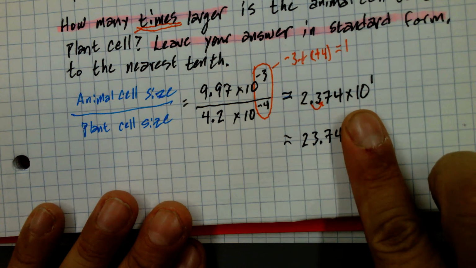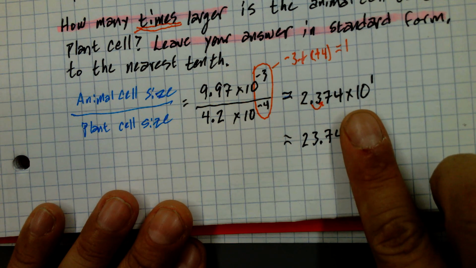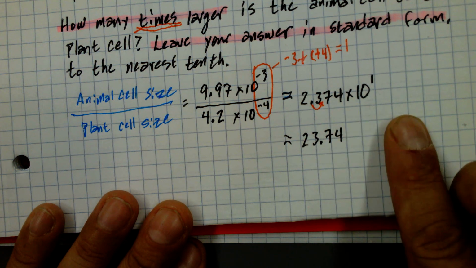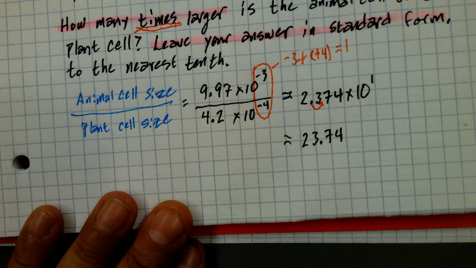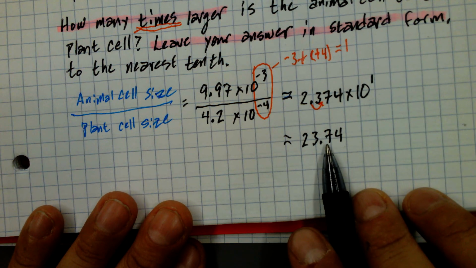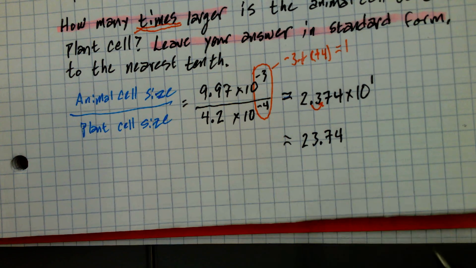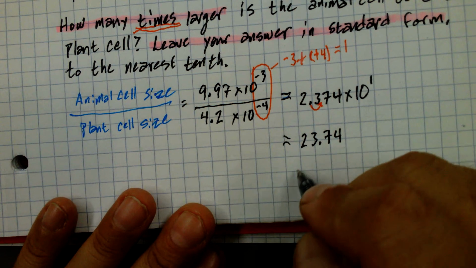I didn't know if we had to adjust the decimal, so that's why I had 3 decimal places. But now we just want to leave this to the nearest tenth, which is where the 7 is. So it becomes 23.7.